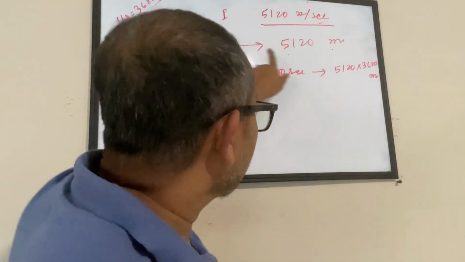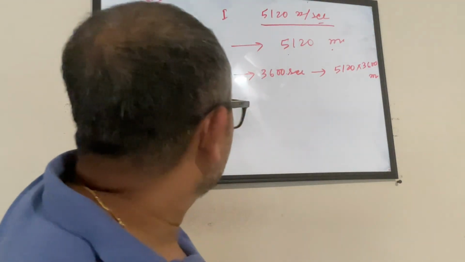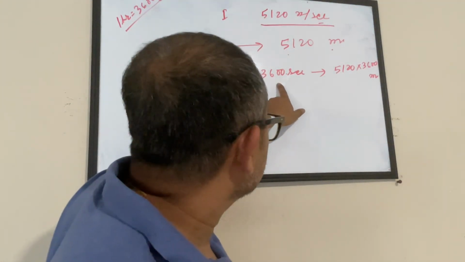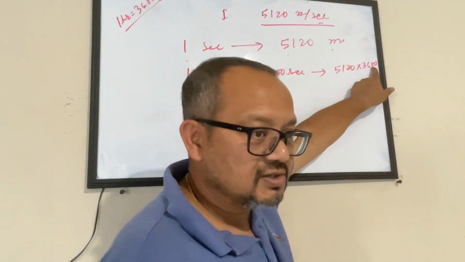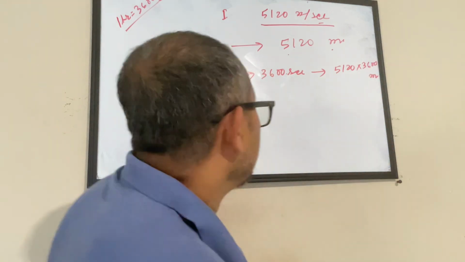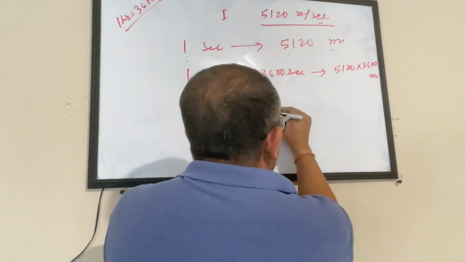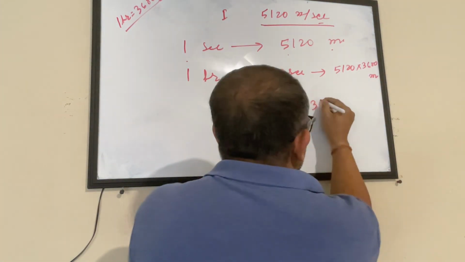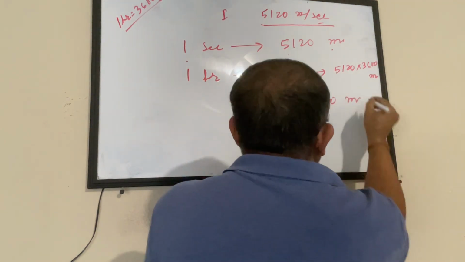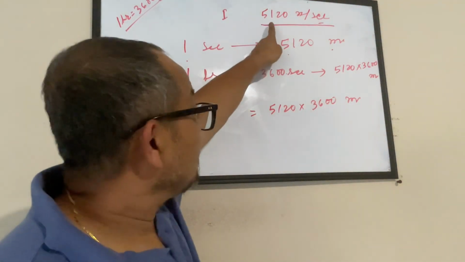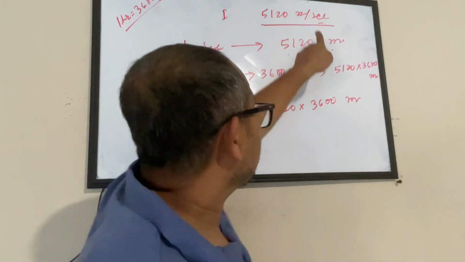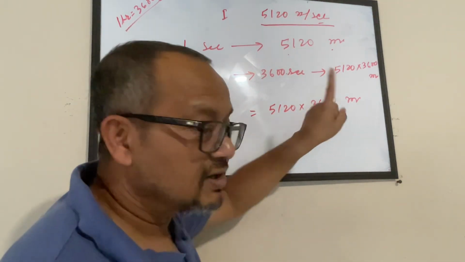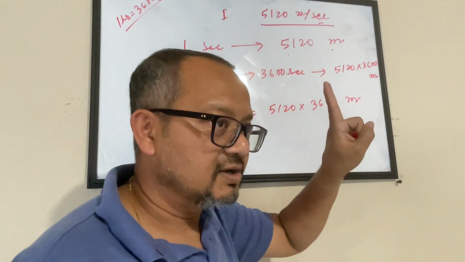In 1 second it travels 5120 meters. In 1 hour, which is equal to 3600 seconds, it will travel 5120 into 3600 meters. So the sound which has this speed, meaning it travels this many meters in 1 second, will travel this many meters in 1 hour.